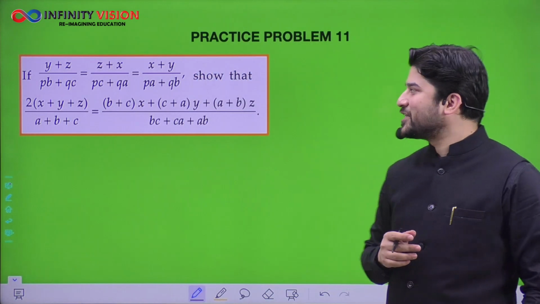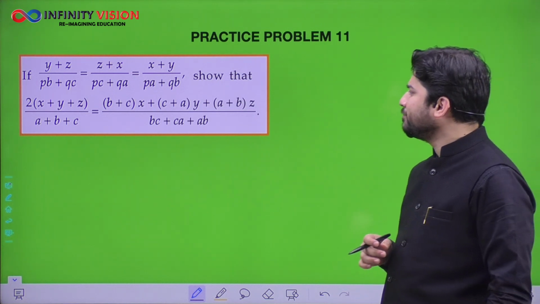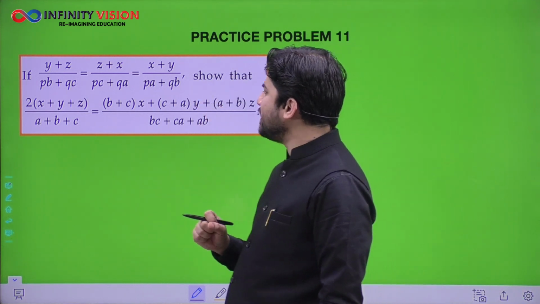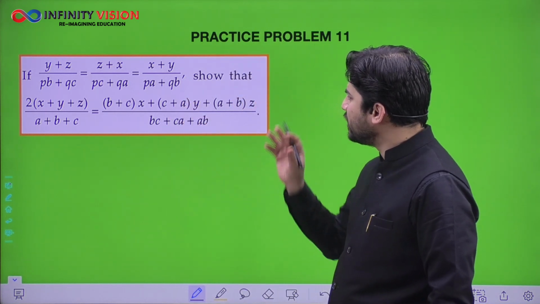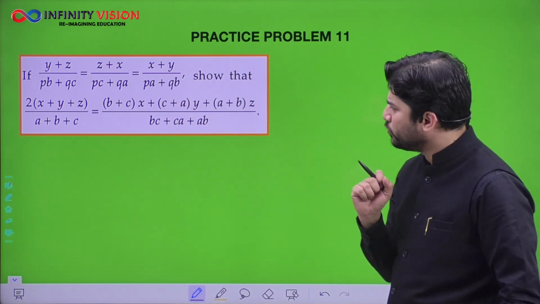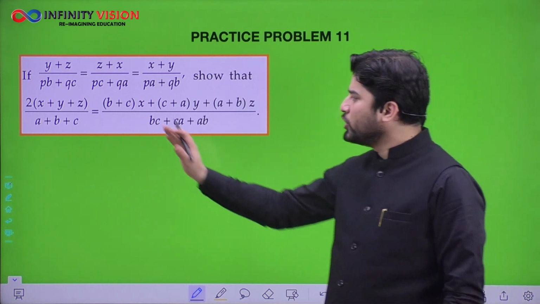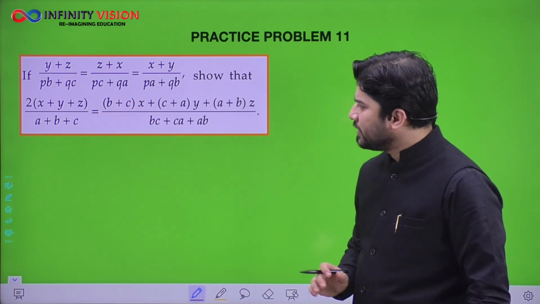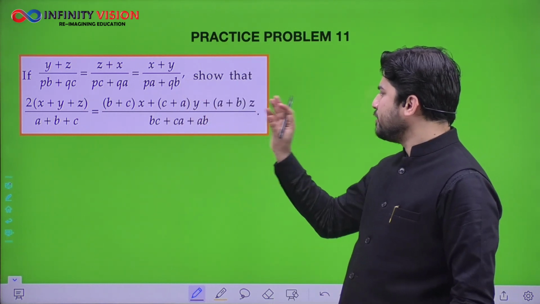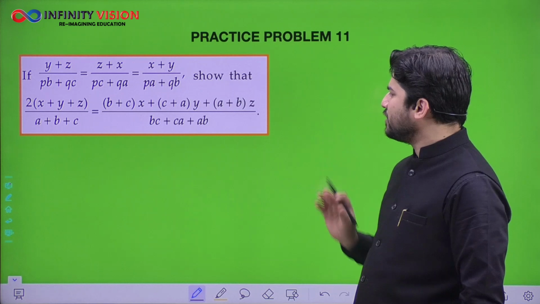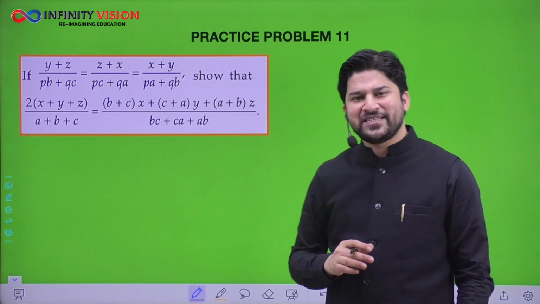Now let's see our next problem, that is practice problem 11. You have y plus z upon pb plus qc equals z plus x upon pc plus qa equals x plus y upon pa plus qb. And you have to show that twice of x plus y plus z upon a plus b plus c equals b plus c into x plus c plus a into y plus a plus b into z upon bc plus ca plus ab.